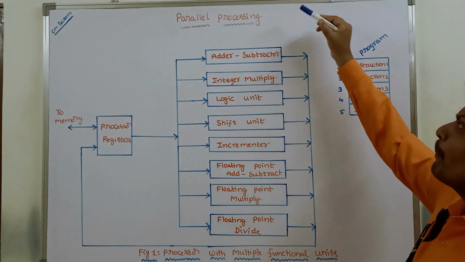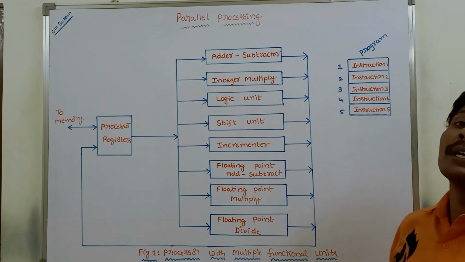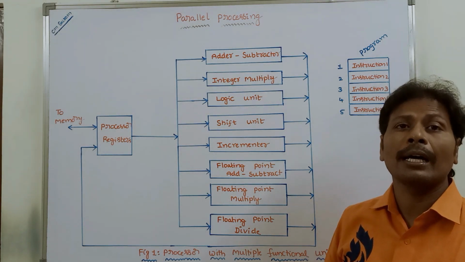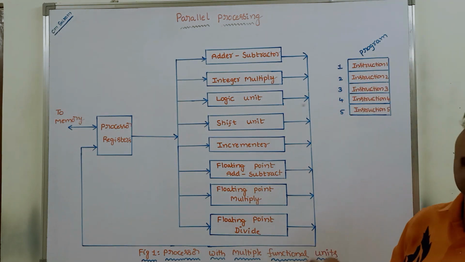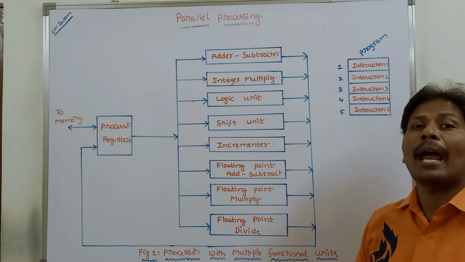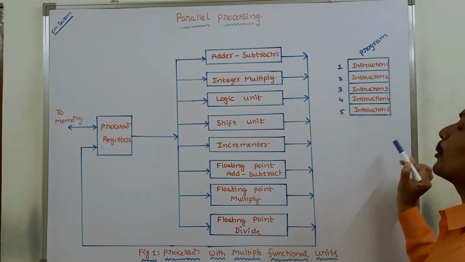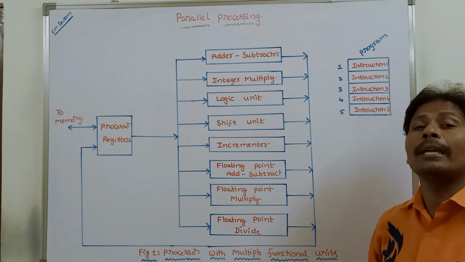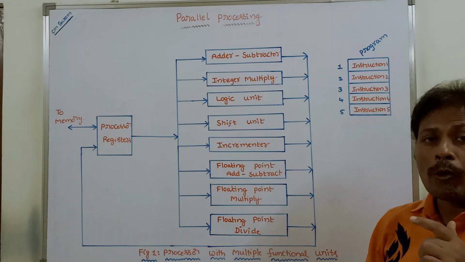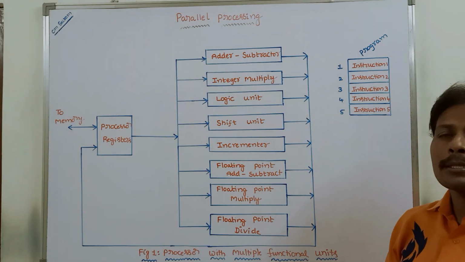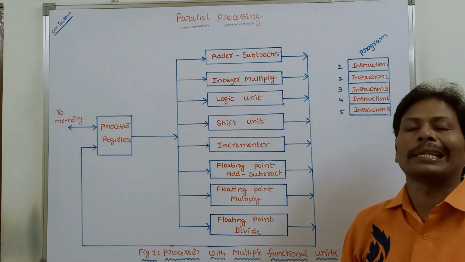In parallel processing, all the instructions of a program can be executed at the same time. So the 5 instructions of a program can be executed at the same time. Then the execution time of the program is reduced, the throughput of the system is increased, and hence the performance of the system is also increased.